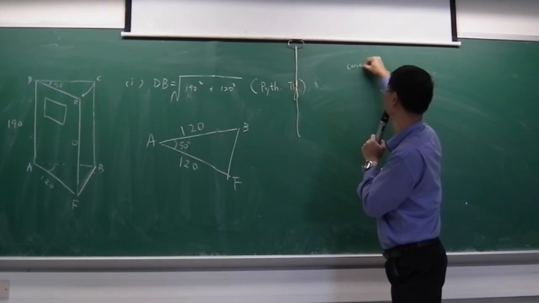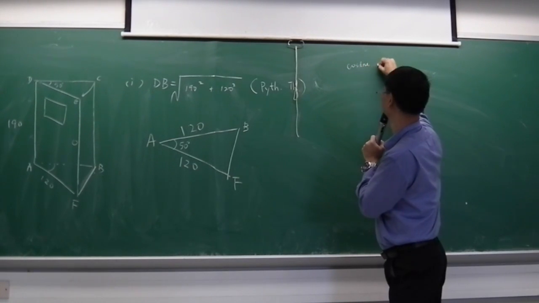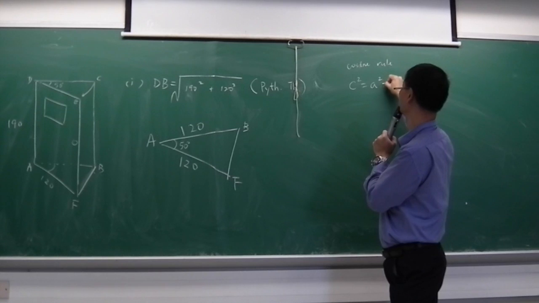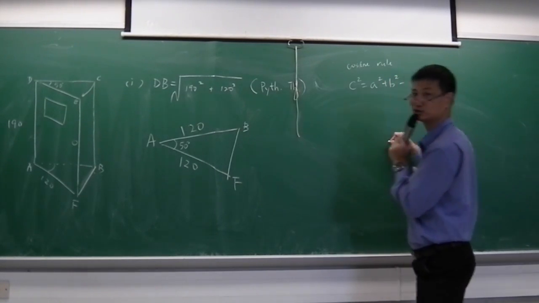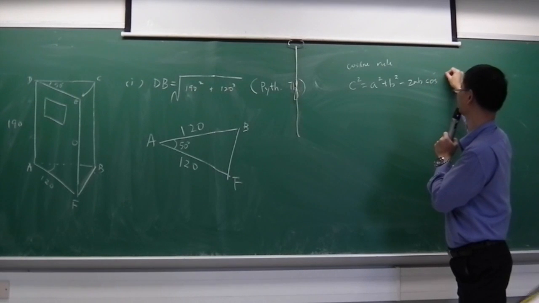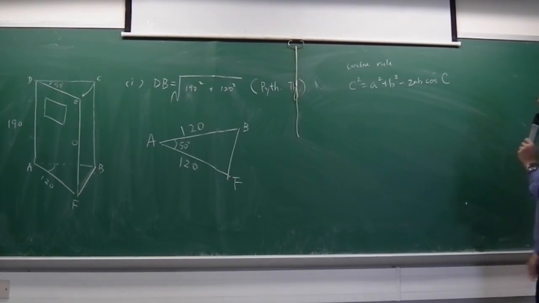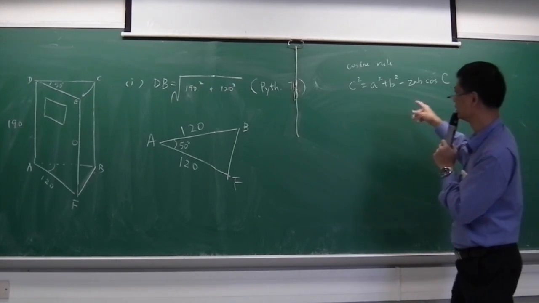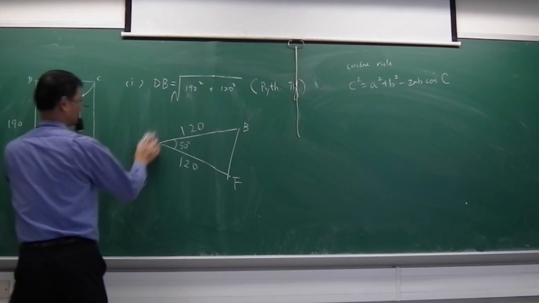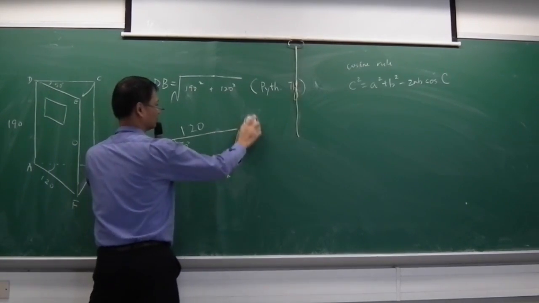Cosine rule. We have c squared equals a squared plus b squared minus 2ab cosine angle C. Now here we remove all the labels.